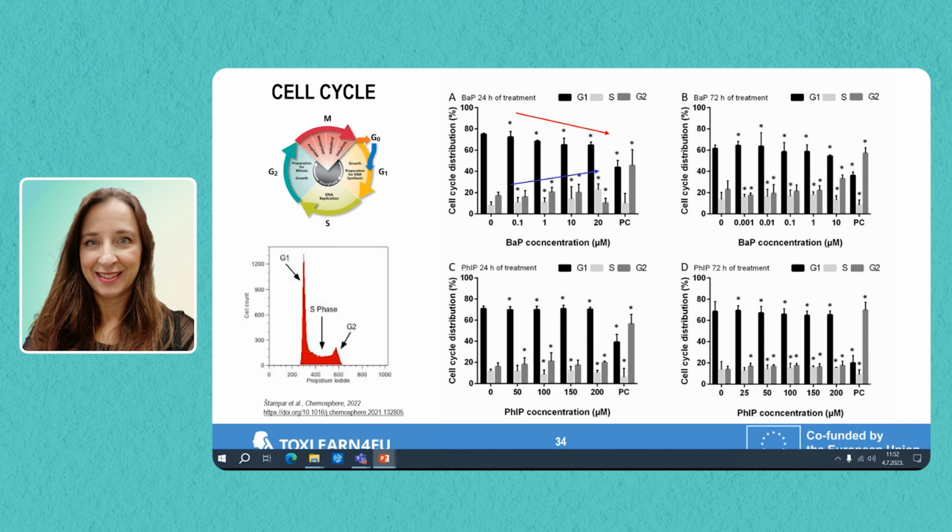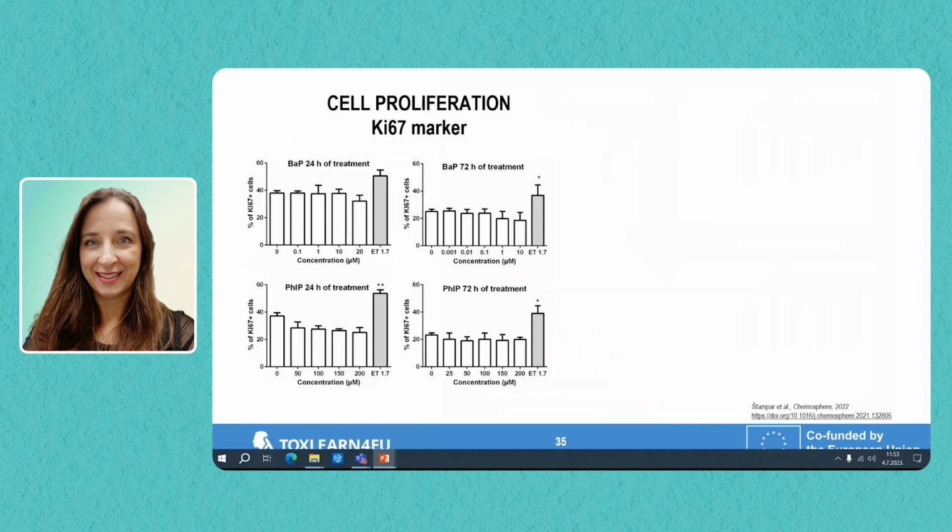When there is a repair, there are checkpoints for the repair, and we have cells arrested in the G2 phase. So it was confirmed that cells exposed to benzo[a]pyrene were arrested in the G2 phase. Very similar also after prolonged exposure. Not so obviously was this detected for the FIP after 24 and 72 hours, but there were some differences.